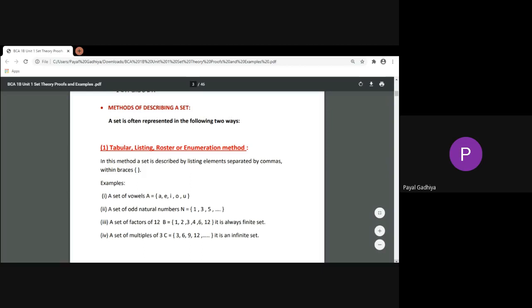Set of factors of 15. It will contain 1, then 5, then 15 and 3. Yes. 1, 3, 5, 15. There will be 4 elements: 1, 3, 5, 15.